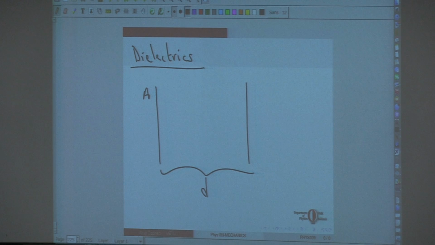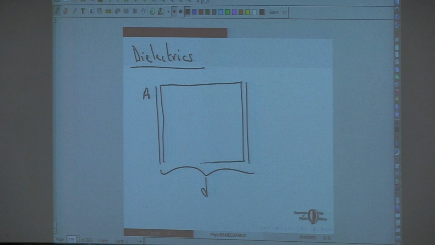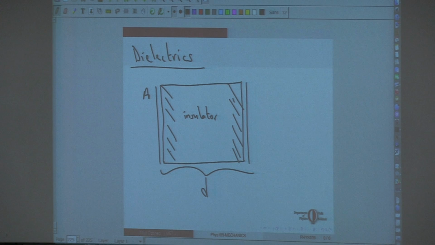Like you take a plastic, you put a plastic inside, and you fill it with your insulator. You are not heating it. You are just charging it. It's an insulator.